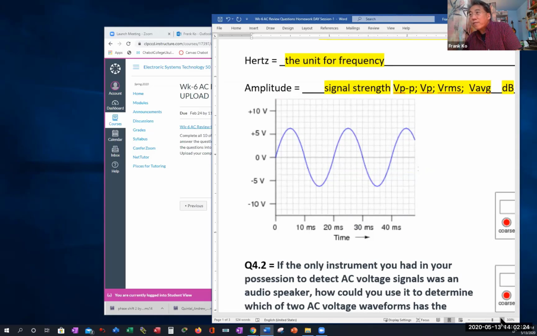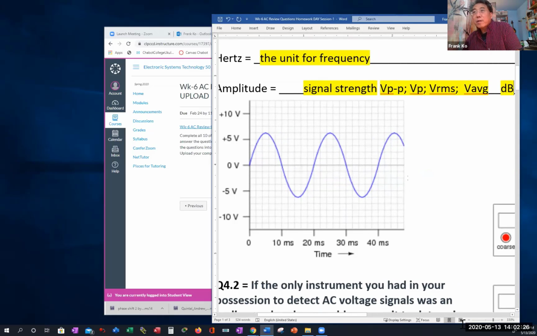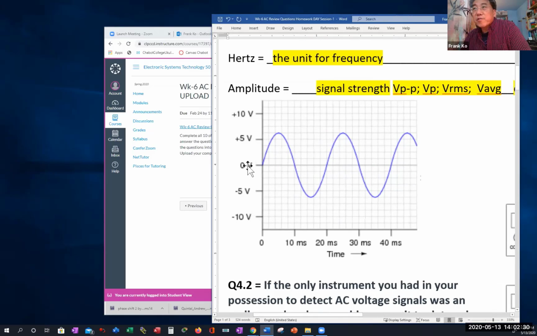All right, so as you're looking at this picture, between the 0 line and the 5 volt line, how many squares do I have in between? 1, 2, 3, 4. I don't have 5 squares, I have 4 squares. So the natural inclination is to look at this very quickly and say, oh, each square must be worth a volt, so therefore this must be a 6 volt peak. This is not a 6 volt peak.